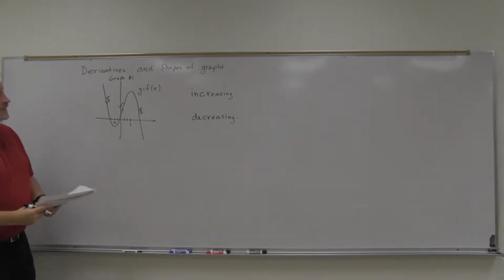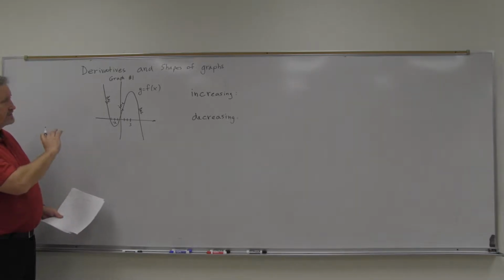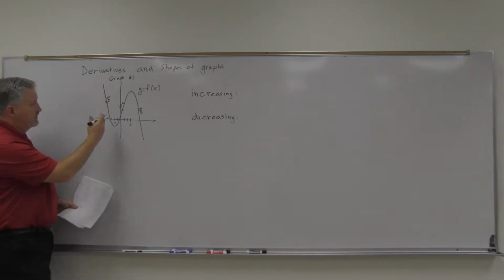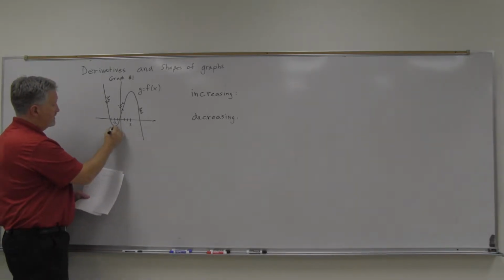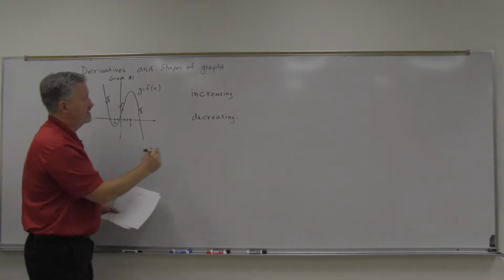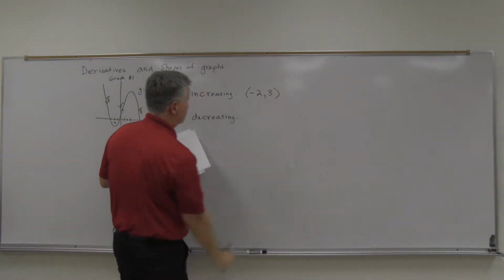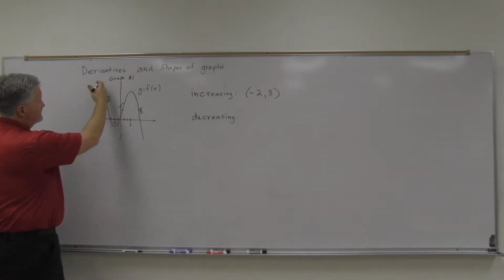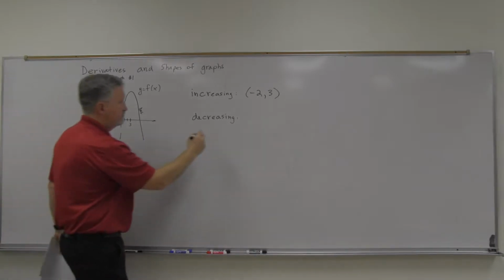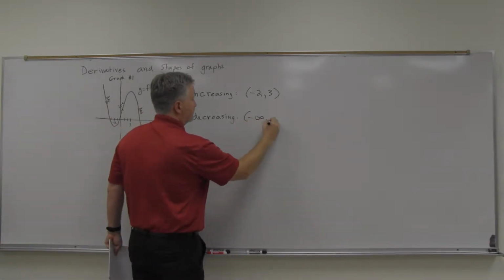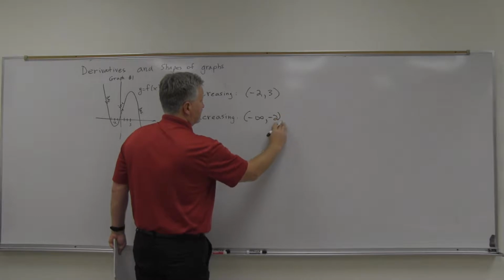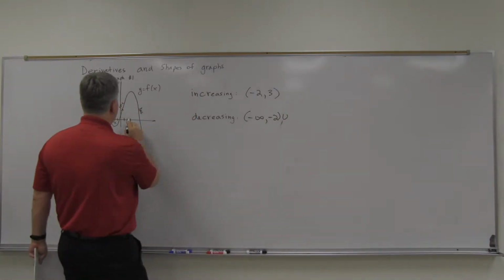As far as where it's increasing and decreasing, it's only increasing here in the middle, and as far as the domain interval, it would be -2 to 3. Between those two, it's increasing. And then it's decreasing from -∞ to -2, and then 3 to infinity.